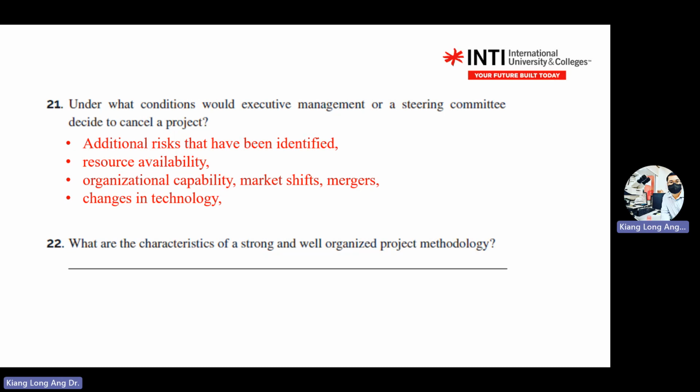You're building an electric car, but suddenly your customer says, can you build me an electric boat? Outside the capability already. You're not in the shipping industry, right? So you might need to decide to cancel the project.